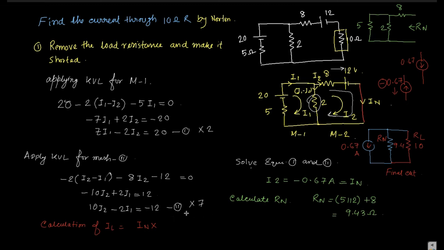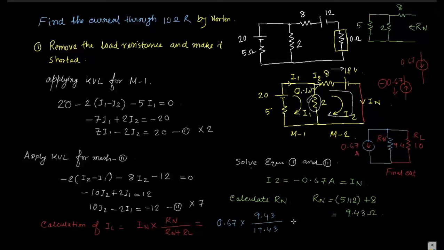Now, in the denominator you should write RN by RN plus RL. Is it? IN is 0.67 into RN, which is 9.43, by 19.43.